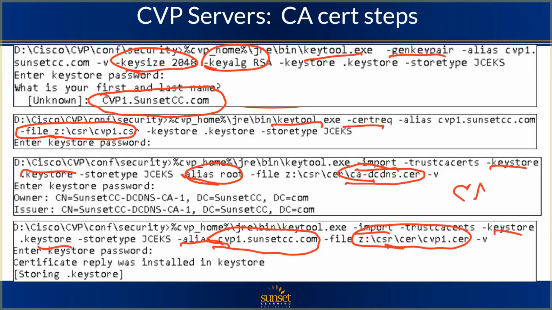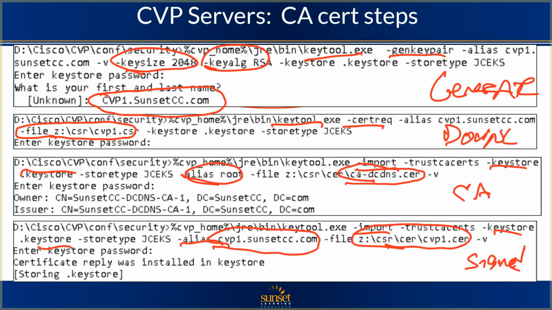So one's the CA, one is the signed CA, right? One is the generating, one is the download. That was common across all of those platforms, even though it was done slightly different across all three platforms. The theory was still the same.